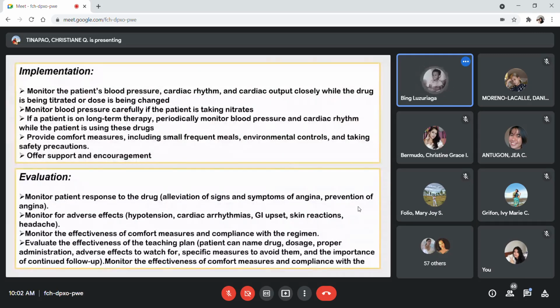Now, although the most common reason for headache is vasodilation, there are also some cases wherein extreme constriction or vasospasm will cause headache also.